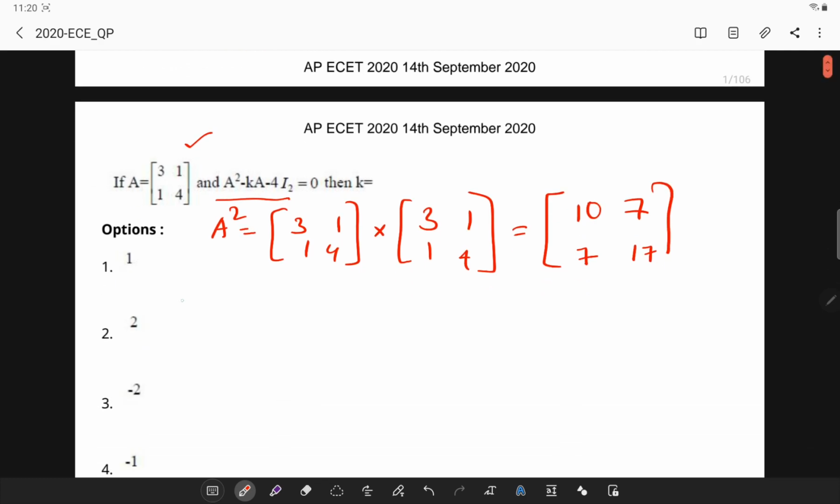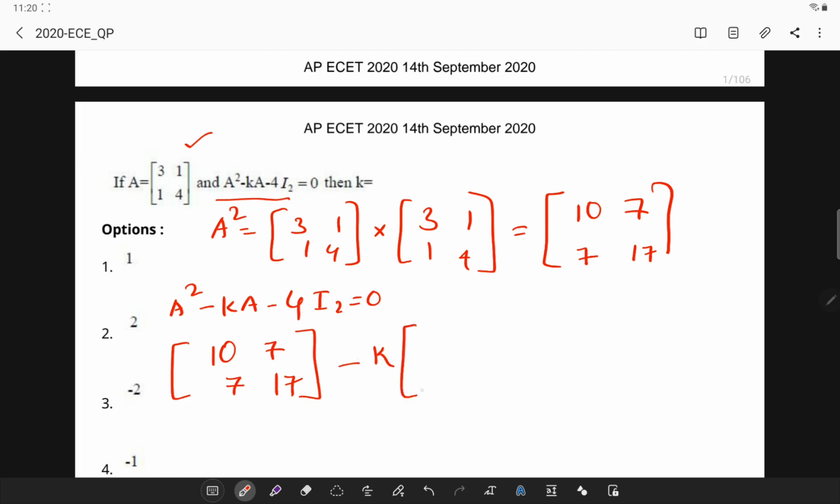So I can simply directly write the equation A square minus kA minus 4I2 is equal to 0. So 10 7 7 17 minus k into A, which is 3114, and I is 1001, which is equal to 0.